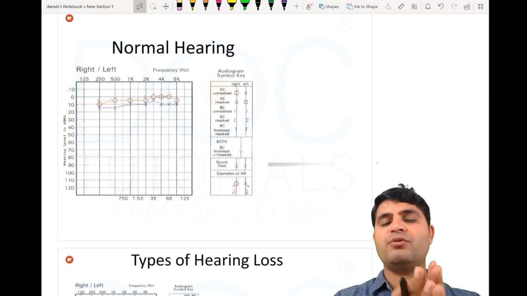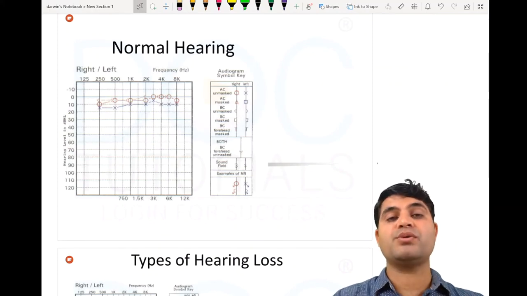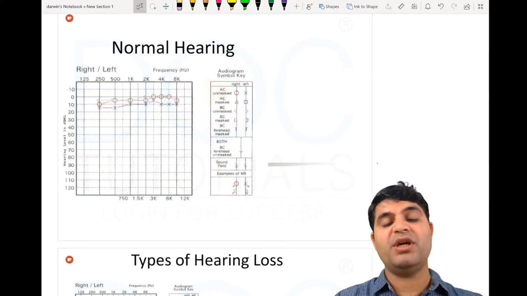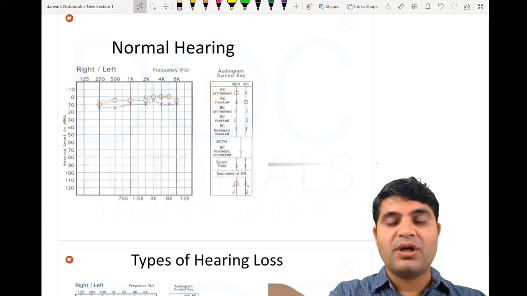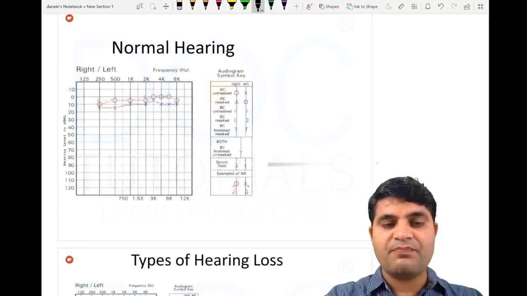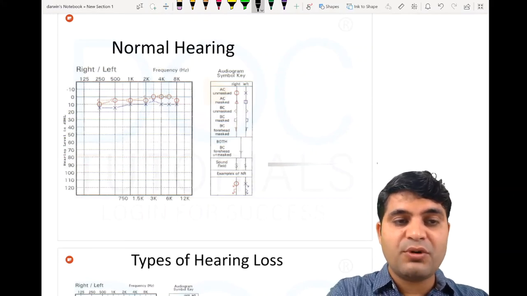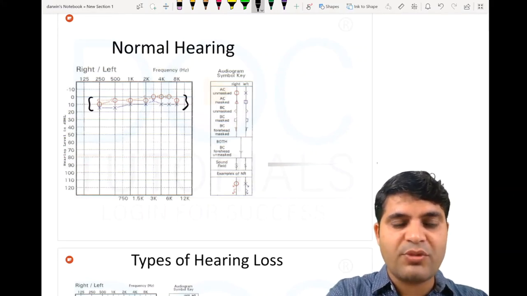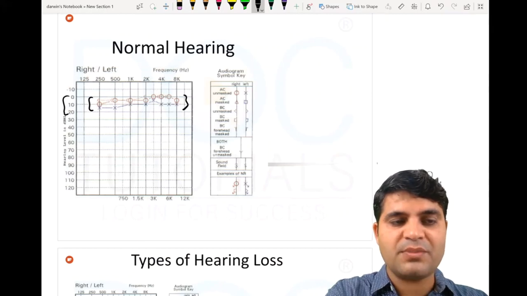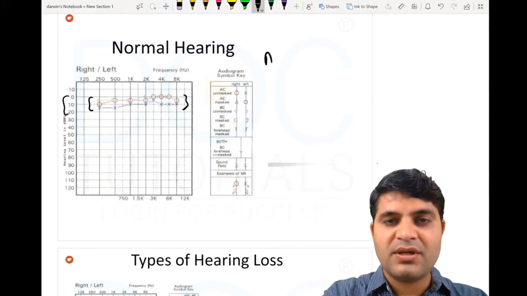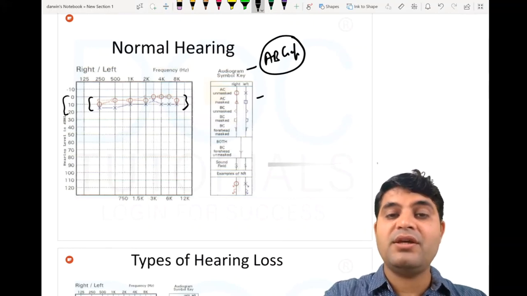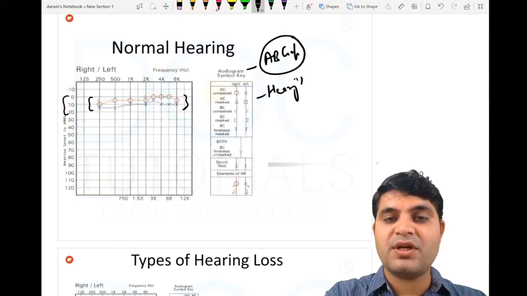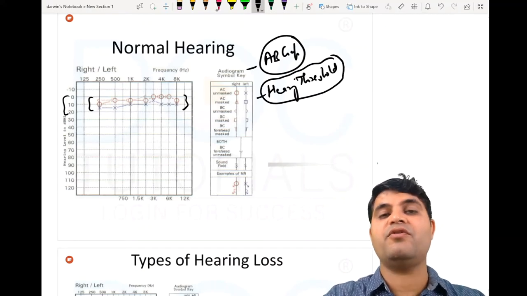I expect one question from pure tone audiograms also. So you should be able to make this interpretation. Whenever you see this, this is normal hearing. Why is this normal hearing? Because all lines here are roaming around 0 to 20 decibels. That means the ear-bone gap and hearing threshold, remember, these are two important parameters by which you can tell the hearing of a patient.